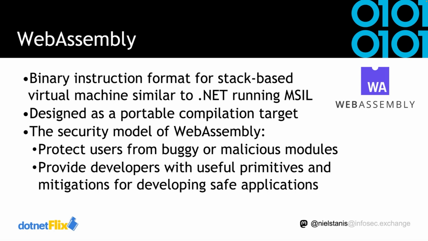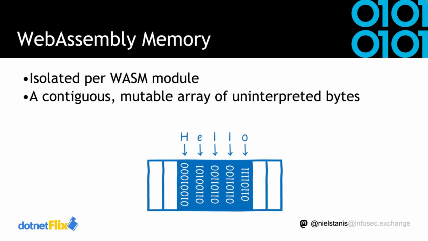If we then look at WebAssembly as a thing, what makes it secure, one thing that really stands out is the way that it deals with memory, because memory itself is a contiguous mutable array of uninterpreted bytes, as you would look up inside the standards, but it's isolated per module. So each module has its own chunk of memory, and what you see over here is a cartoon that I took from code cartoons that has been done by Lin Clark.